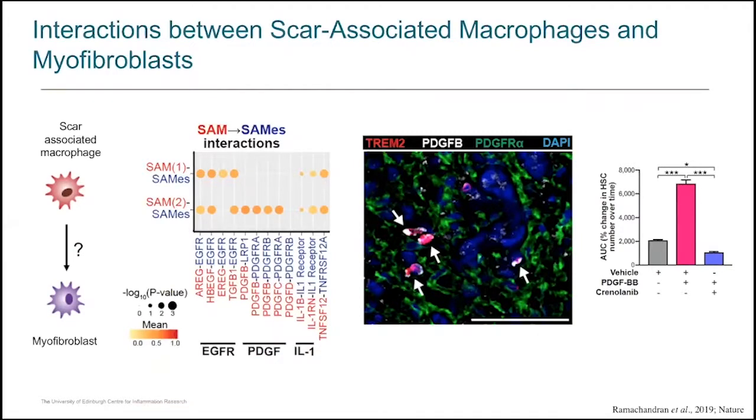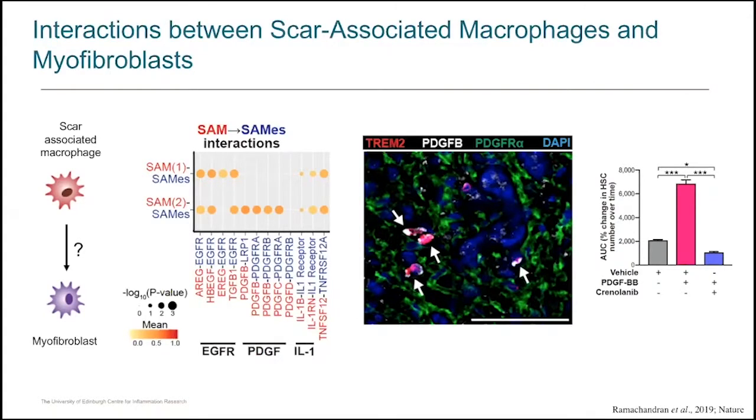Numerous significant interactions were detected between ligands and receptors expressed by these populations. An example is the ligand PDGFB and its cognate receptor PDGFR-alpha. Now, PDGFR-alpha was, of course, already identified as a marker of the myofibroblast population for topographical validation.